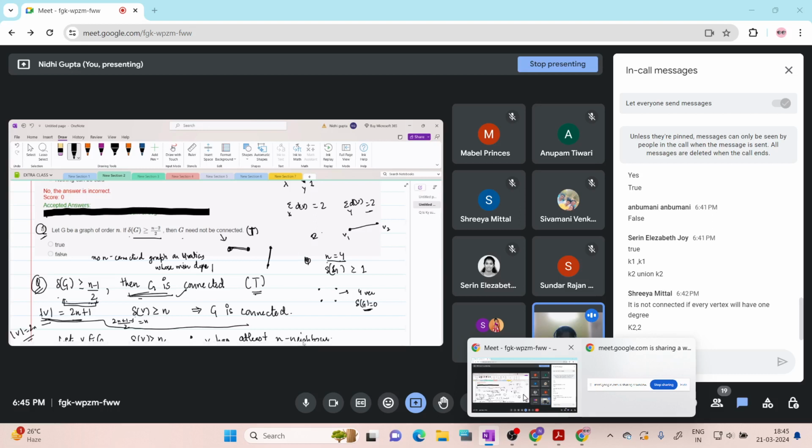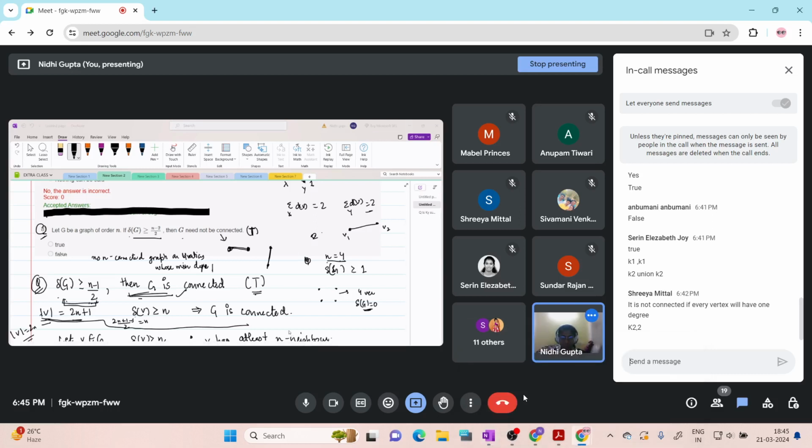You cannot give that example, right? Null graph. So if you are giving null graph, then you give the two vertices. If we are taking two vertices, then this hypothesis saying that minimum degree should be greater than or equal to 0, that is also true, and that graph is also not connected.